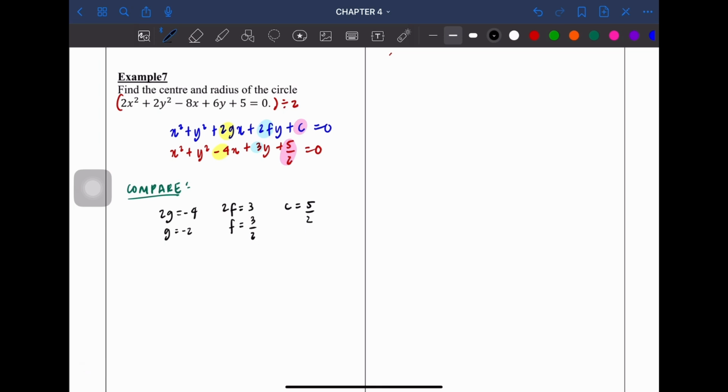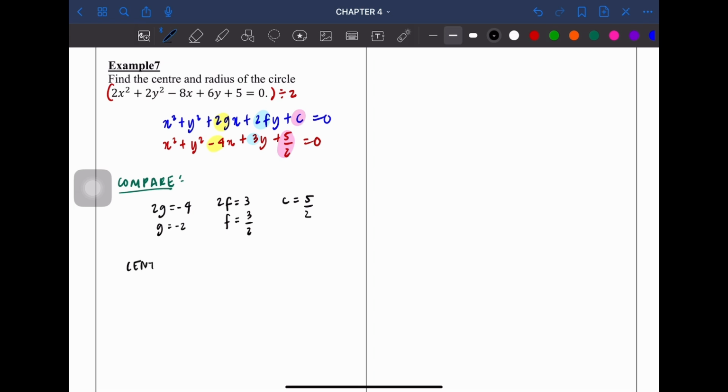Now when you have g, f and c, you can find the center and radius of the circle. Remember that for the general equation of the circle, the center is (-g, -f). Since our negative g is -2 it becomes 2, and for f it becomes -3/2. That is your center of the circle. For the radius, the formula is radius equal to square root of g squared plus f squared minus c.